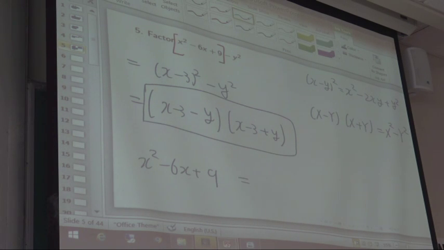You can do the factorization by using this kind of thing: 9, negative 6, negative 3 and negative 3. So x minus 3 squared. If you practice, you'll know that this may be factored like that. How do I know that? Well, that's after a lot of practice.